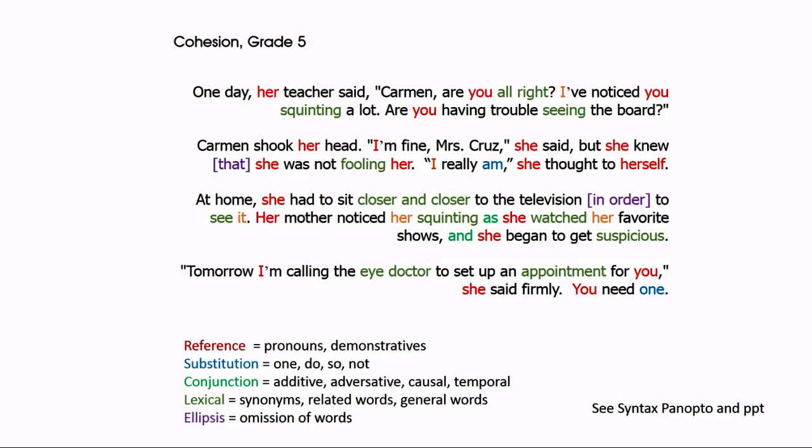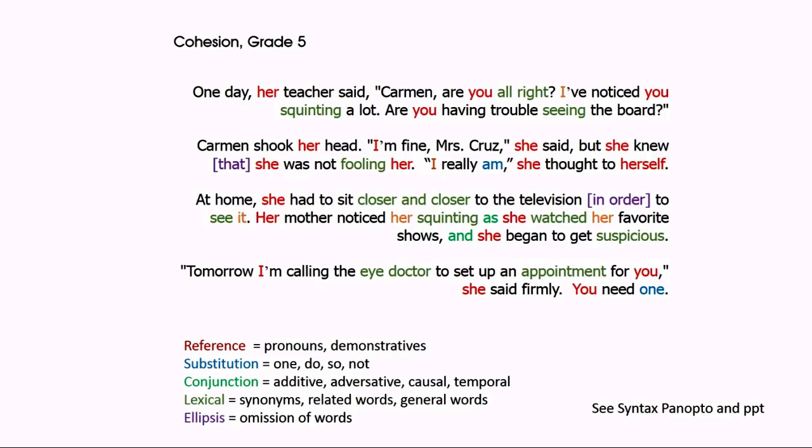So cohesion is very, very difficult to follow. The lexical cohesion has to do with things that are related to each other, that keep the topic flowing. Are you all right? You're squinting, which is not all right. Squinting has to do with seeing. But she knew that she was not fooling her, so saying that she's all right and fooling her that she's really not all right.